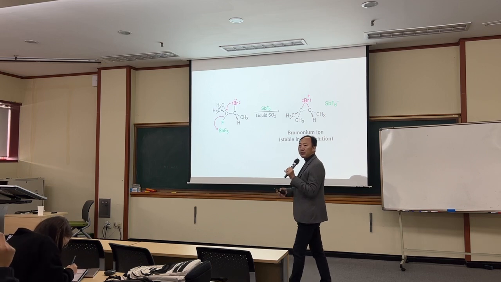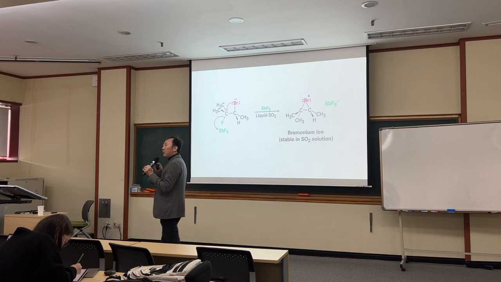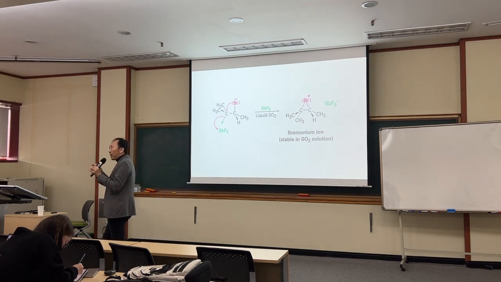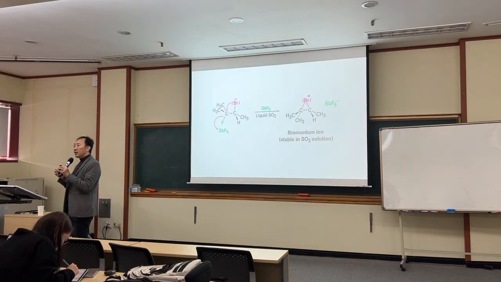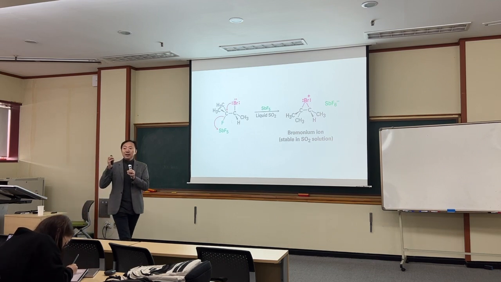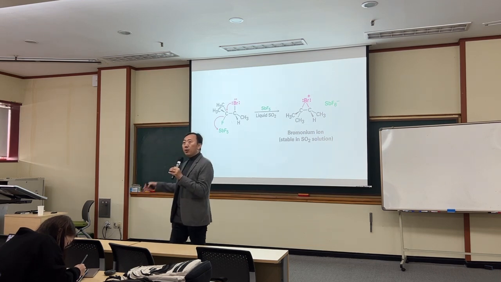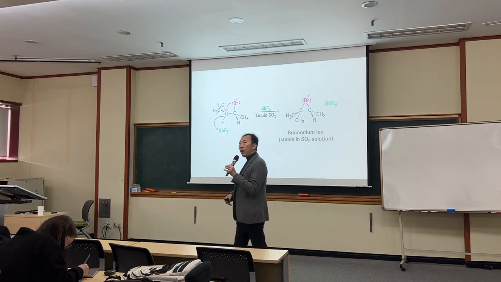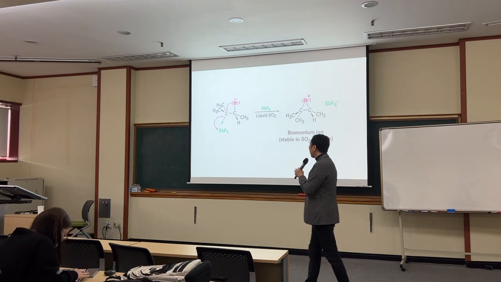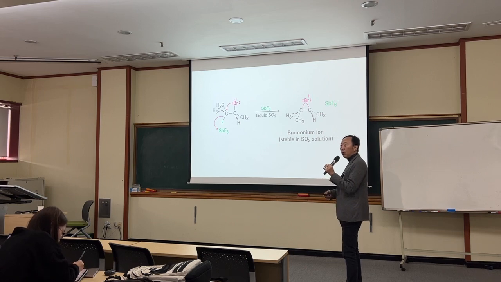So sometimes there is an unstable intermediate, or something even similar to a transition state. If you can capture them under specific conditions, then you can prove whether the mechanism is correct or not. Okay, so Cl2 or Br2, if you add it to this alkene double bond, it can form this kind of bromonium, or if it's chlorine, then chloronium.